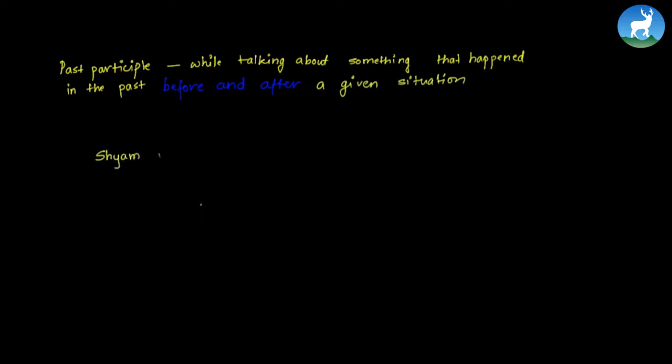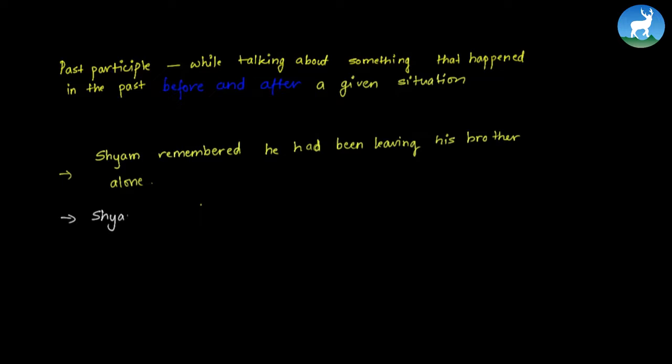For example, Shyam remembered he had been leaving his brother alone. We can also use a past perfect form for this by saying Shyam remembered he had left his brother alone.